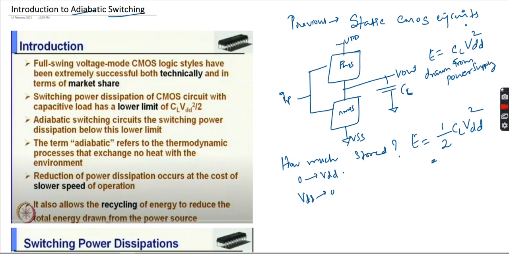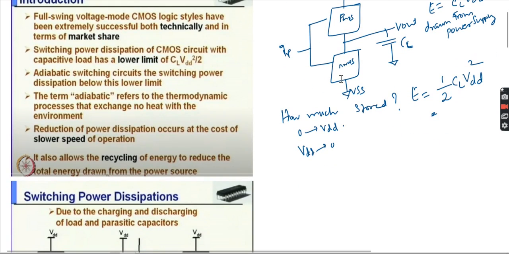Here the very important thing is that the power dissipation takes place because of the switching event. The switching event is converted to heat. That is the main reason here.